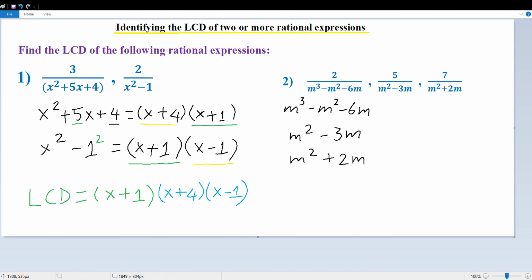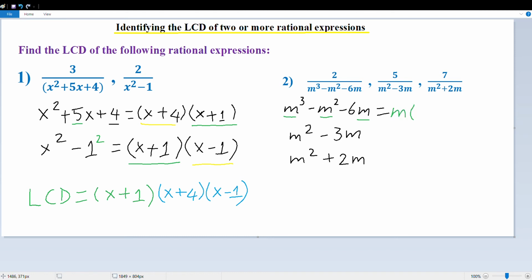Now the second step would be to factor these denominators. The first step of factorization is always to look for anything common among all the terms. For the first denominator, we can see that m is common among all three terms. So we'll factor it out as m times.